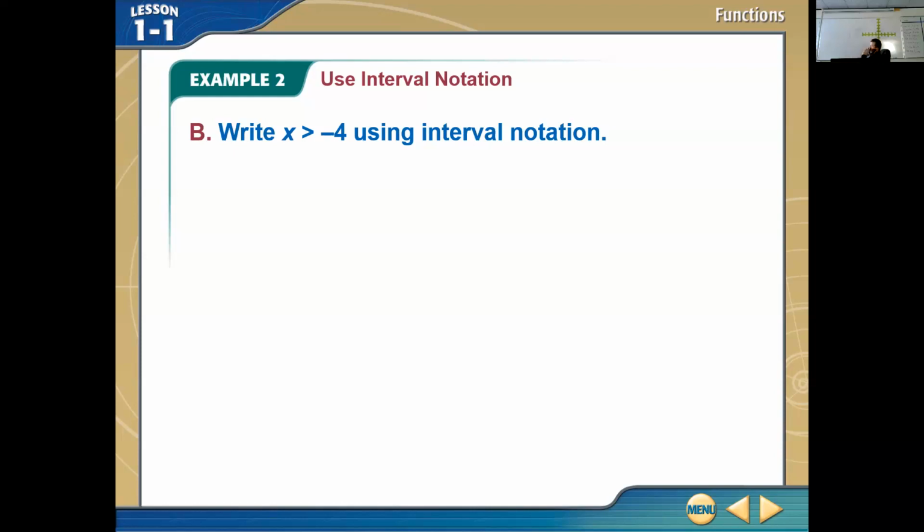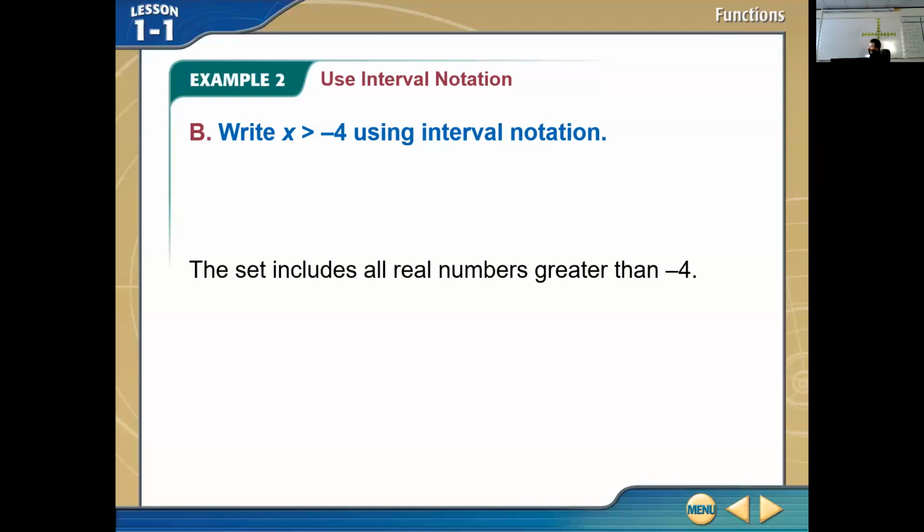We're going to have parenthesis -4 showing the lower end of our interval. And then we should have a positive infinity because x is greater than -4. And we can't approach infinity because it is the highest number imaginable. So our interval is parenthesis -4, comma, positive infinity, parenthesis, to show once again that -4 is not encompassed within this interval.